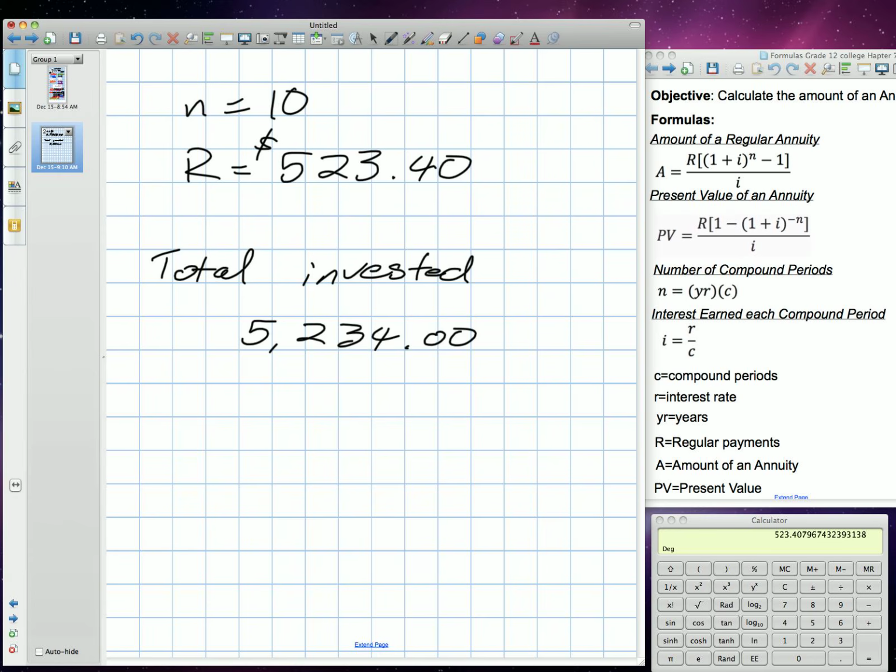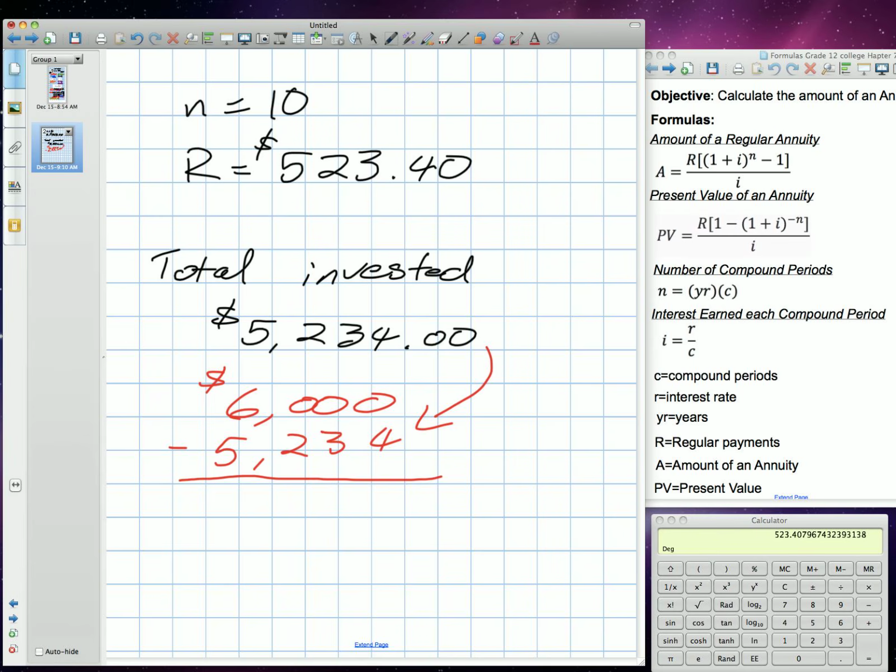Okay. So she's invested $5,234. How much did she have at the end of 10 months? We figured out in the last part of the question. $6,000. So $6,000 is how much she actually has because she was earning interest. How do we figure out how much interest was earned? I'm going to subtract these two numbers. So I'm going to bring this down, and we're going to subtract these numbers.